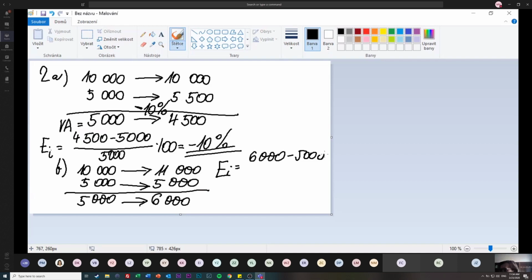You know the state collects from duty, that's C. State collects 30. And now, what's the change of the producer surplus? It's very easy. You know that now there is the higher price in the domestic market.